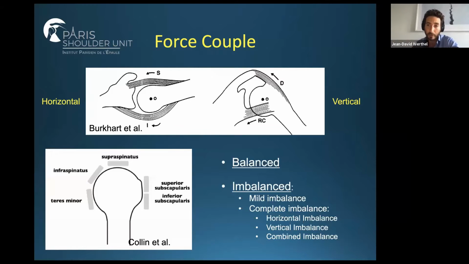The same way, if we look at the shoulder from the front, we can see that there is the deltoid pulling the shoulder superiorly, and the rotator cuff is pulling the head towards the glenoid, opposing that superior force. And so there is also a vertical force couple. When there is disruption of one of these force couples, the shoulder becomes non-functional in either the vertical or the horizontal plane, or sometimes in both.